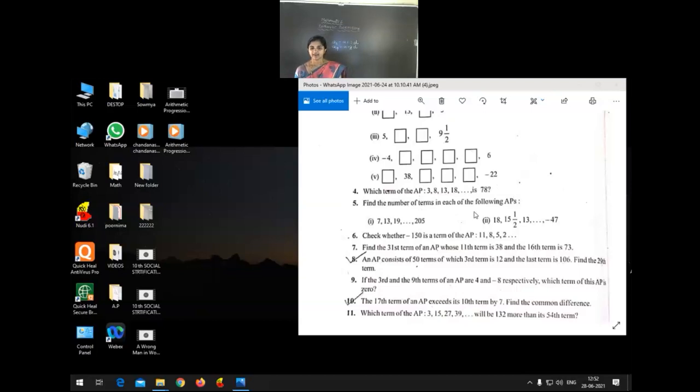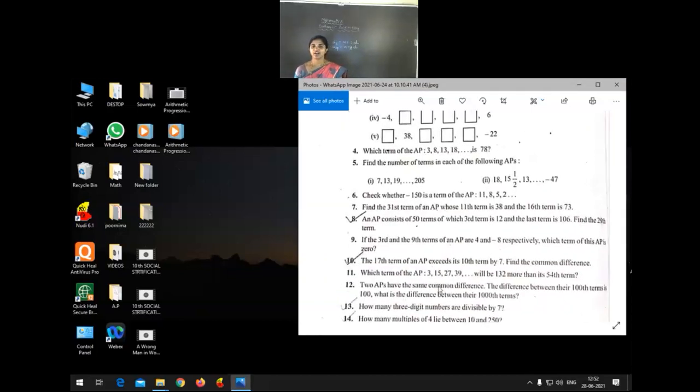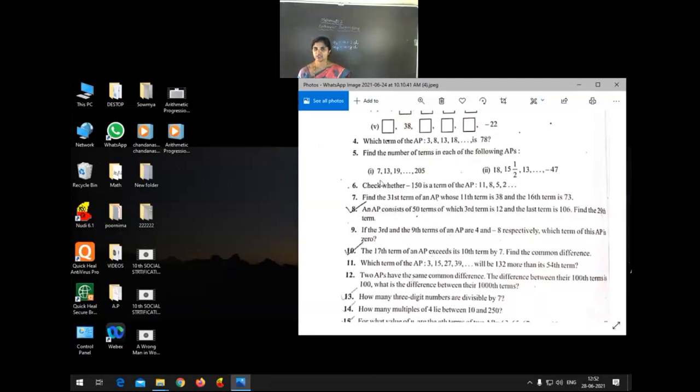Okay, see here, up to the 10th question is over now. The 11th question is like this: which term of the AP 3, 15, 27, 39 and so on will be 132 more than its 54th term?